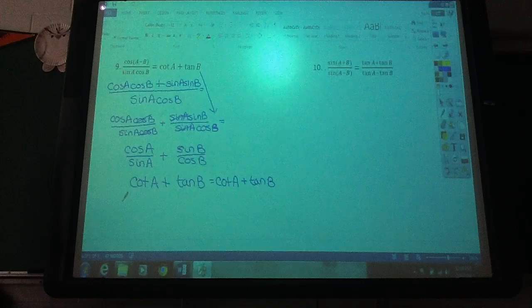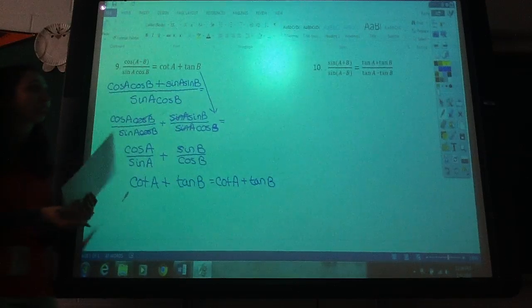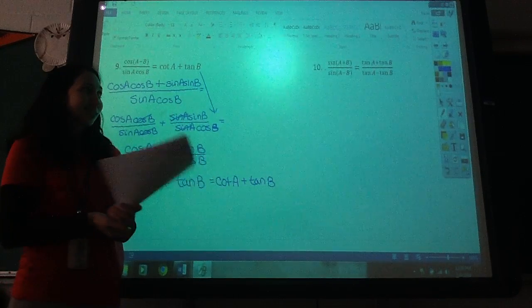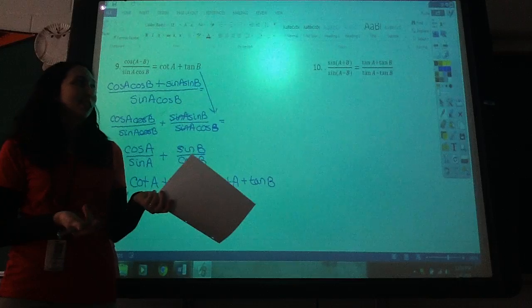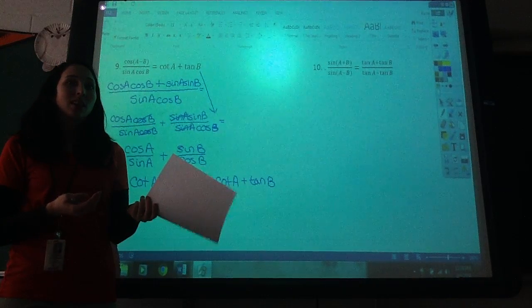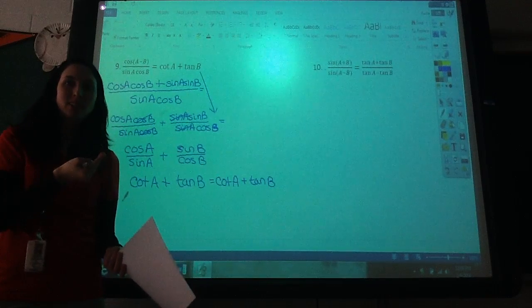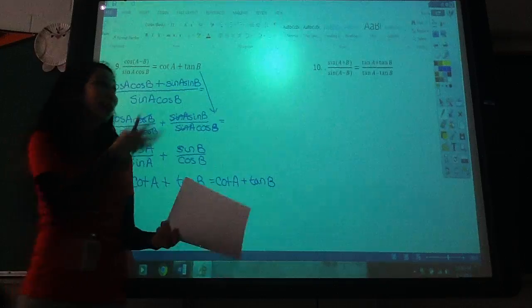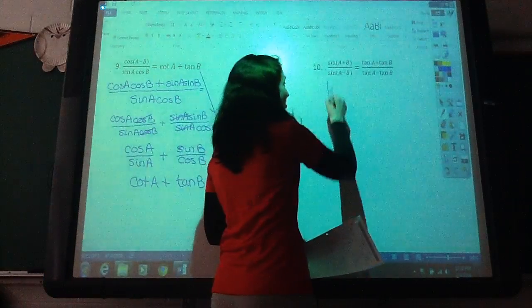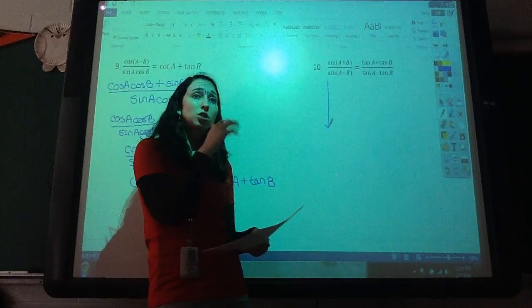Now, what about number 10? So right side. I said keep the right side. Honestly, can't I turn tangent into terms of sine and cosine? And aren't the sine sum and difference formulas in terms of sine and cosine? True. So I'm going to leave the left side alone, and I'm going to turn all the tangents into terms of sine and cosine.